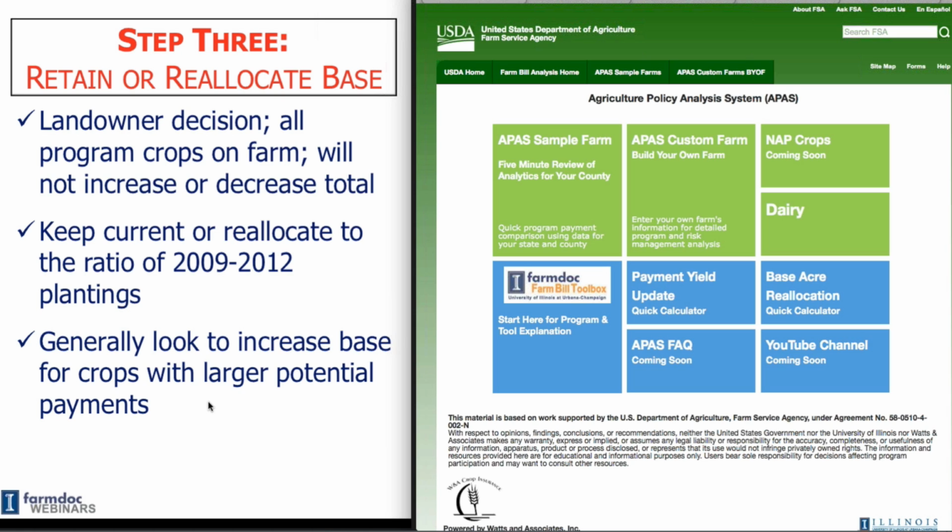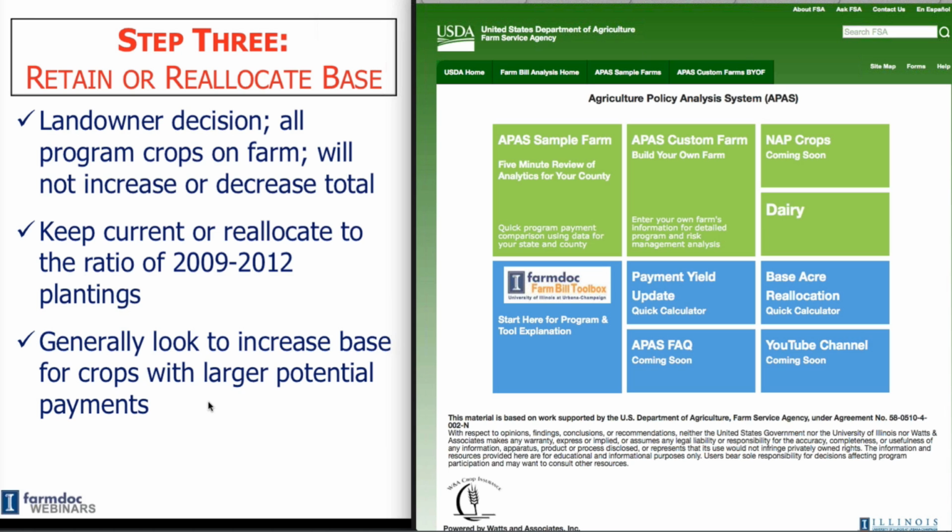The time period where planted acres can impact your option to reallocate base is 2009 to 2012. So they are different time periods. I think we even still get them confused, but it is a 5-year history on the payment yield update and a 4-year history on the base reallocation.